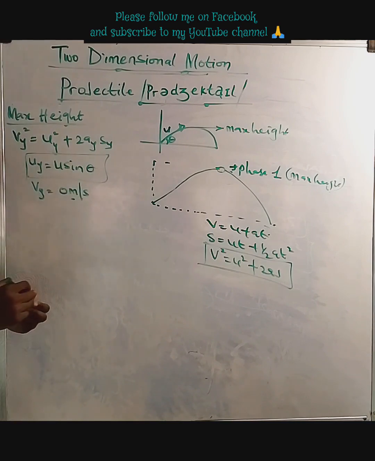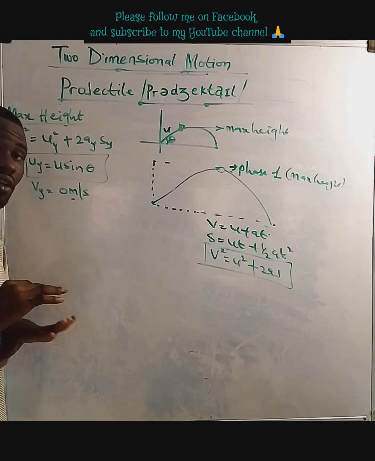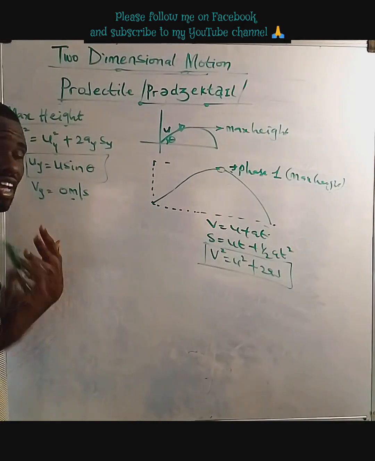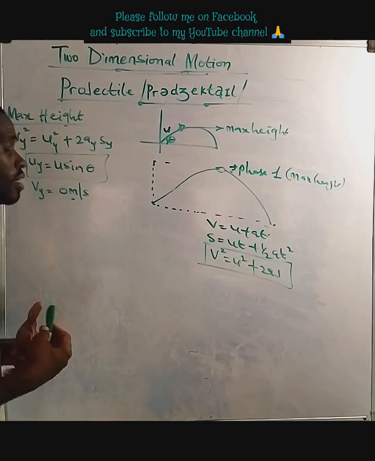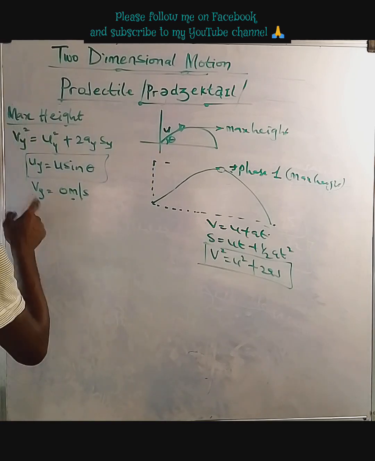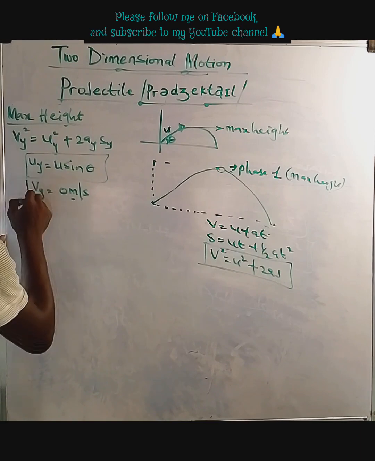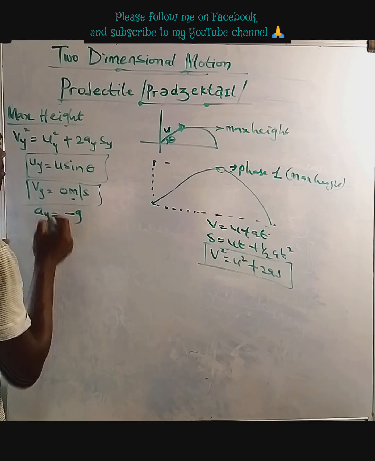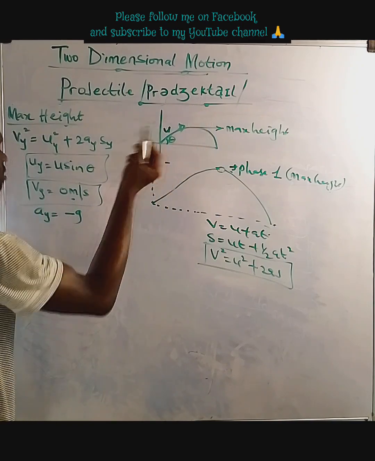It's a height which a body cannot go beyond because it has lost all the speed with which it left the very point of projection. So this v_y, the final velocity at max height, is 0 meters per second. Acceleration is minus gravity because the body moves against gravity; the body was rising.